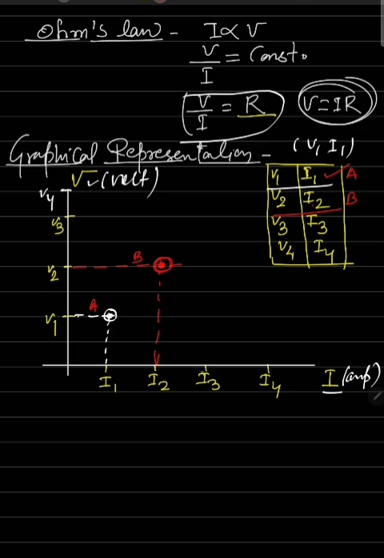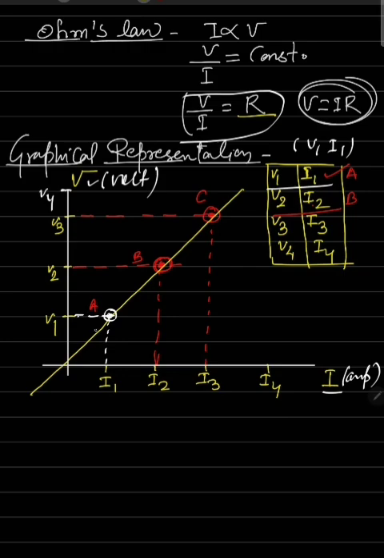Now again extend I3 in the vertical direction and V3 in the horizontal direction, and where they cut, find the intersection point of V3 and I3. Suppose this is C. Like that we make the points, and suppose we join these points. These points make a straight line passing through the origin.